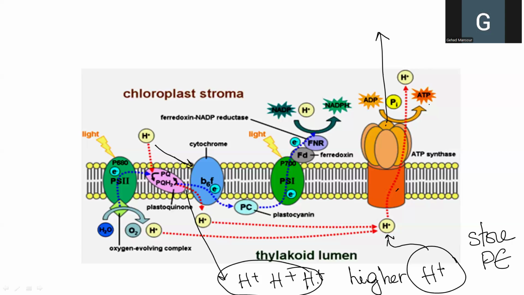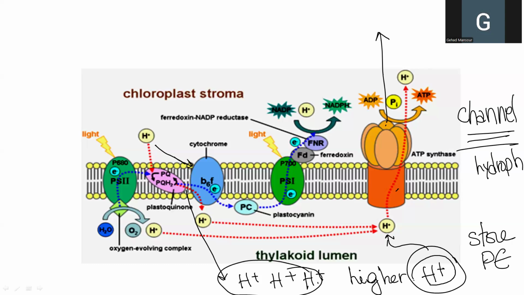ATP synthase. So ATP synthase is not only a protein nor an enzyme, but it is also a channel for the hydrogen ion diffusion. It is a protein channel that is hydrophilic from inside and that will allow these protons that have been pumped extensively to the inside of the grana to the extent that they now have a much higher concentration inside than outside.